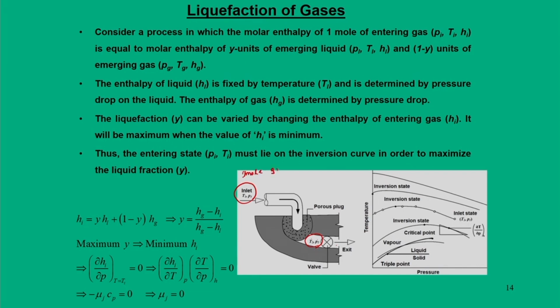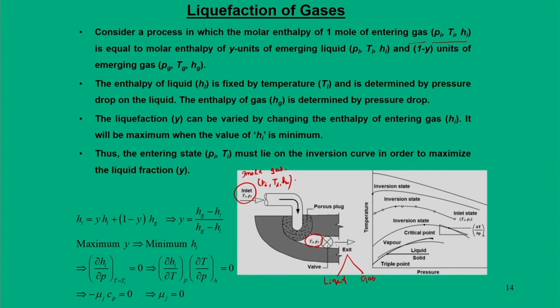of gas, and its initial condition is Pi, Ti and Hi, the molar enthalpy, initially in the gas state. In the outlet we are getting two parts, one is liquid and the other is gas.